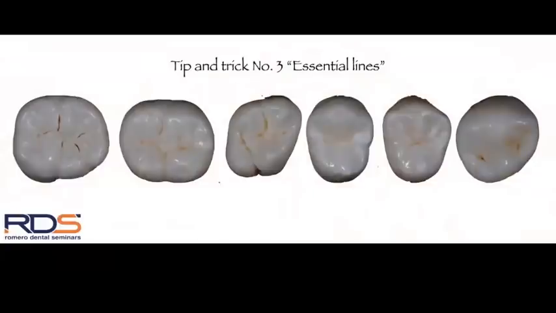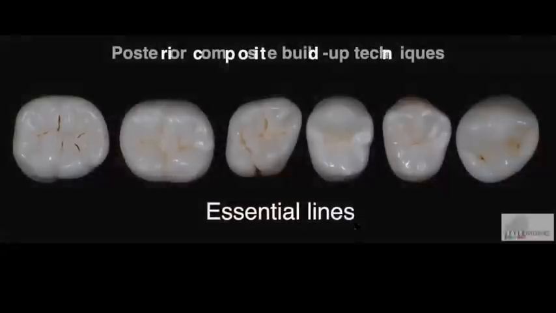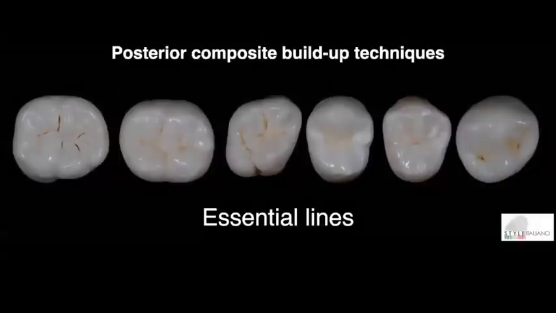So my tip and trick number 3 is going to be talking about essential lines. And again, we're just trying to put all these concepts together to try to teach you and share with you the information needed in order for you to be able to develop these restorative strategies. So what the essential lines are all about is us understanding and looking at the anatomy of natural posterior teeth.